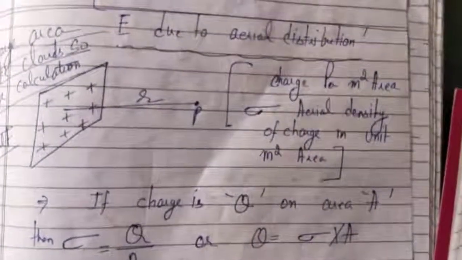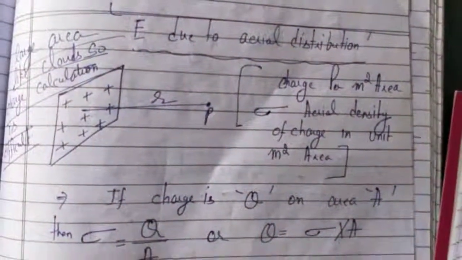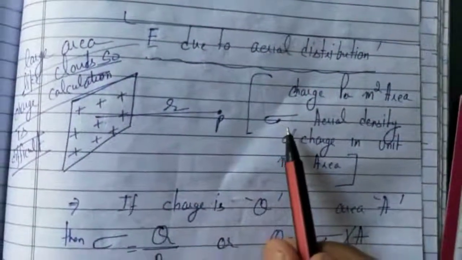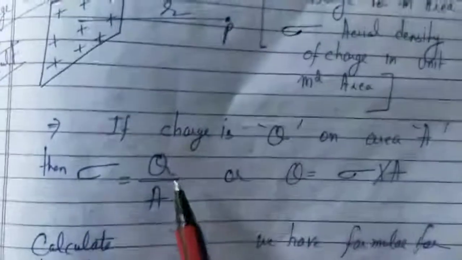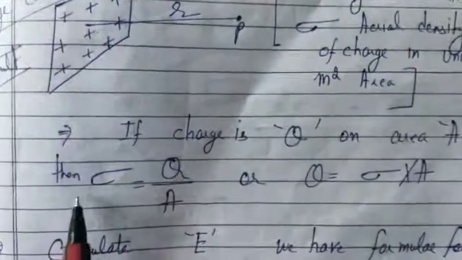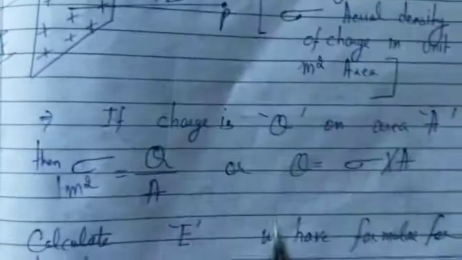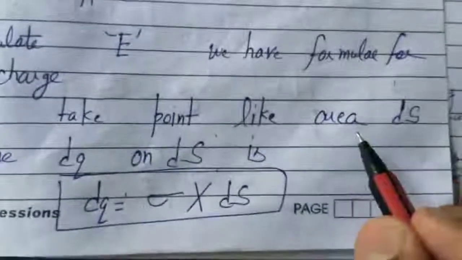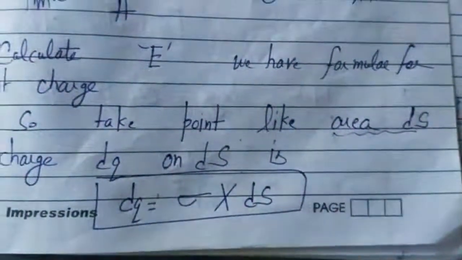Stepwise, on 1 meter square area you are having charge sigma. If you divide the total charge of the surface by the total area, you will get the charge on 1 meter square surface, that is sigma, and Q is equal to sigma into A. Then suppose you take a small area ds, and what is the charge held by ds?